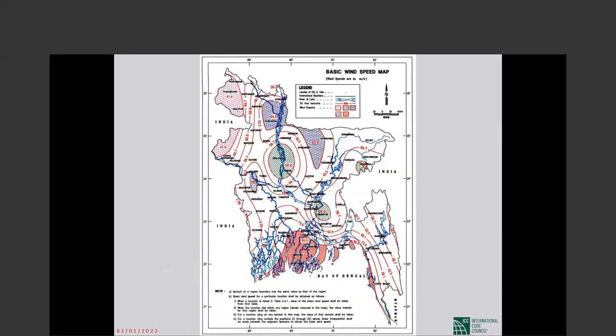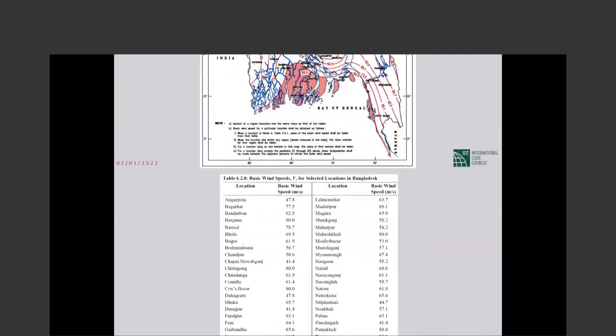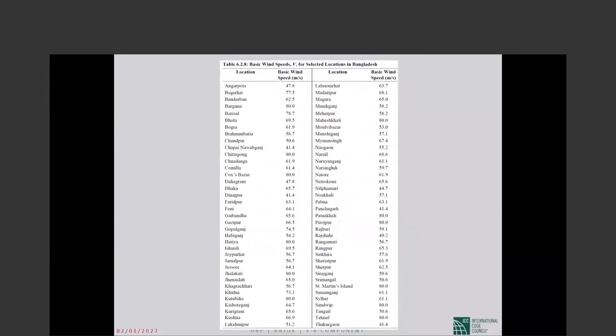The wind velocity will come from this map. As I pointed out, the values range from 41.4 meters per second to 80 meters per second. The velocity is in meters per second. Also, to make your life easier, every significant community has been listed in this table.